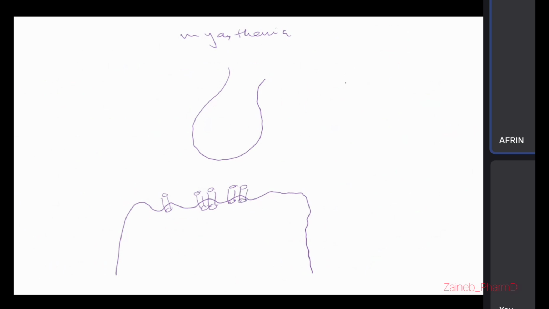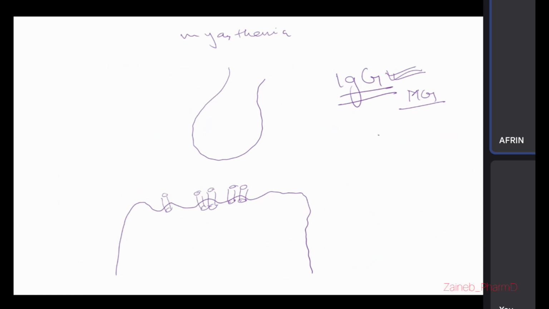Since it is an autoimmune disorder, it is caused by the antibody IgG. Now the IgG can pass through the placenta. So if the mother is suffering from myasthenia gravis, this antibody can pass through the placenta, and even the newborn will have muscle weakness.